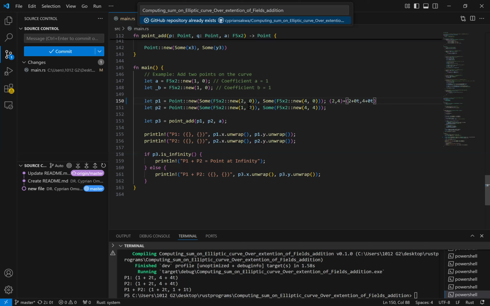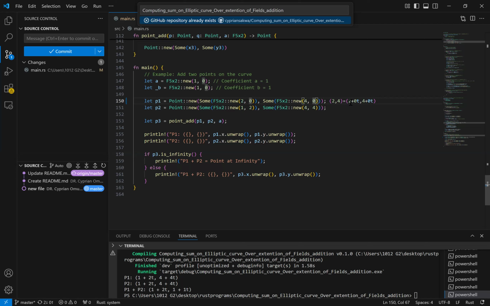So that's why you can see here I've written 2, then 0t here. Then this one is 4 plus 0t.